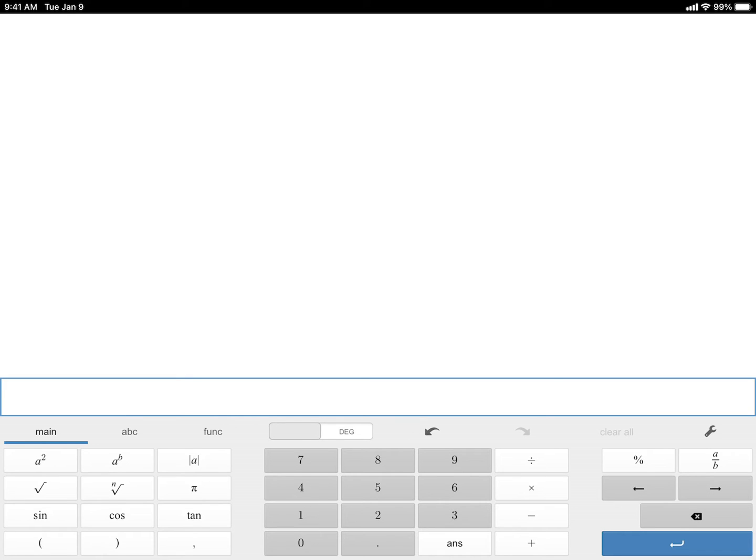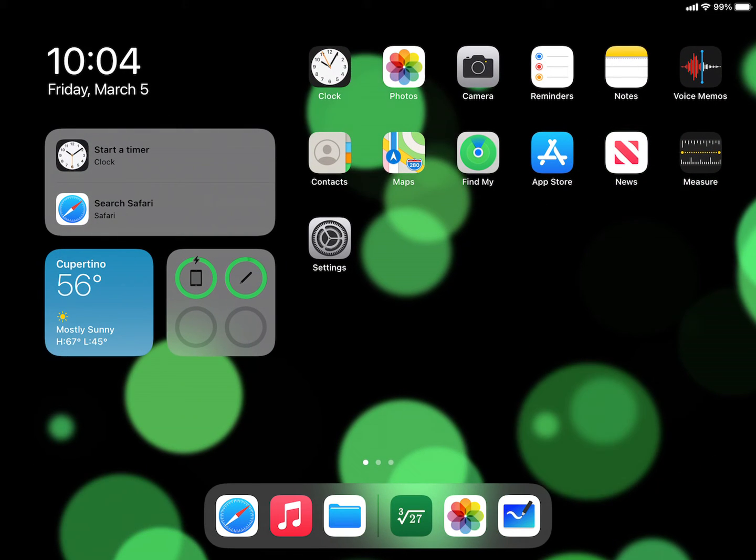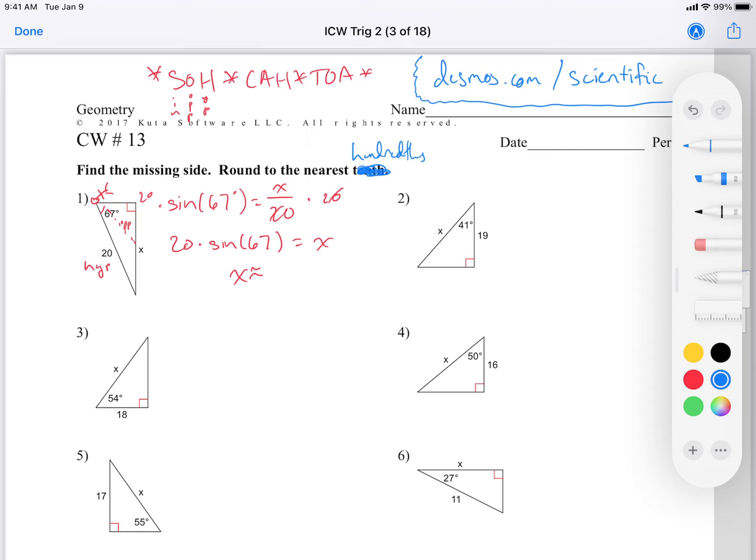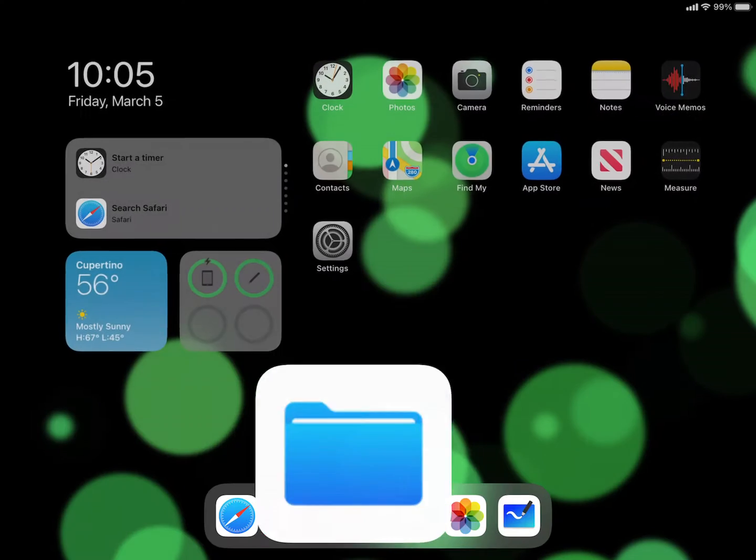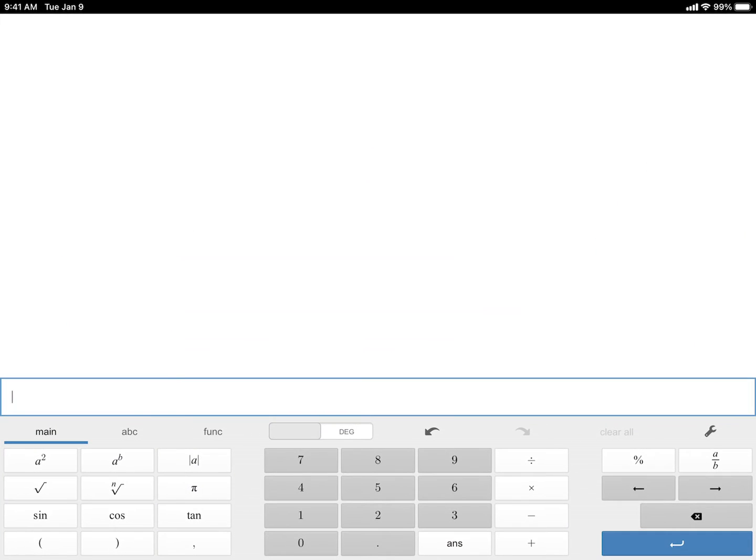So now when we're going to solve this, we're just going to type it out just like we had it. The problem that we had was we needed to say, what's 20 times sine of 67? I'm going to type it just like I have it. I'm going to go 20 times, and then you can type SIN, but I like using the function. If you look to the left-hand side, there's sine, cosine, and tangent in the bottom left-hand corner.